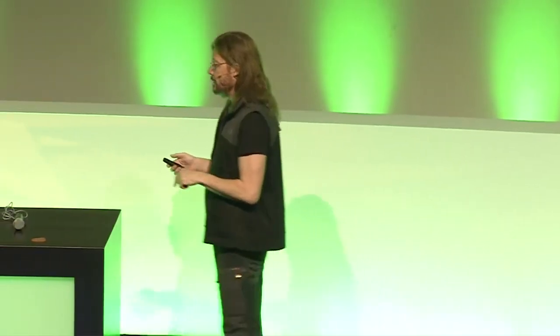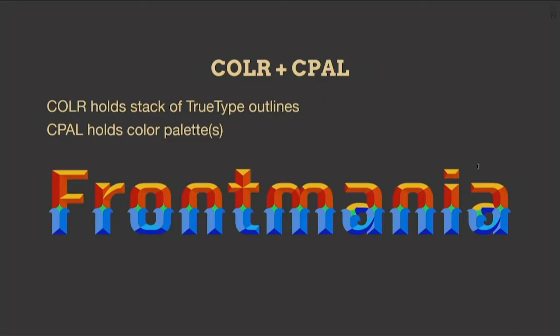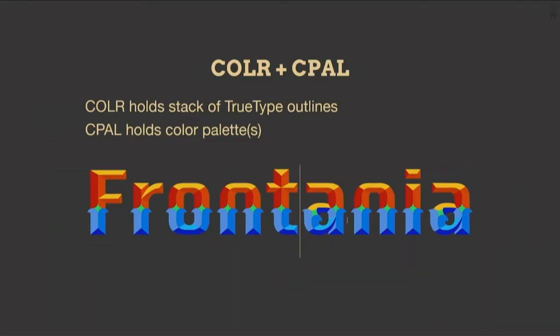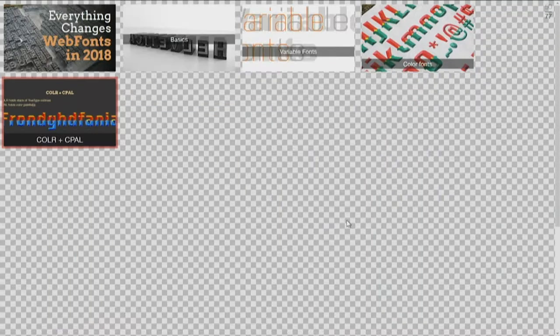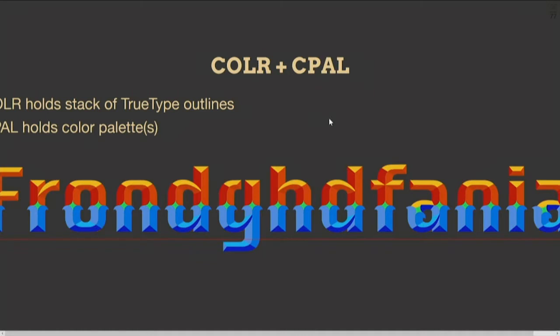Now this is real, right? This is actual editable text. I can go in there and change it, and whoo! And I can totally destroy my slide. So anyway, there we are. Now we have a multicolored font. It's a real font. There's only a single copy in the text. Is that cool?